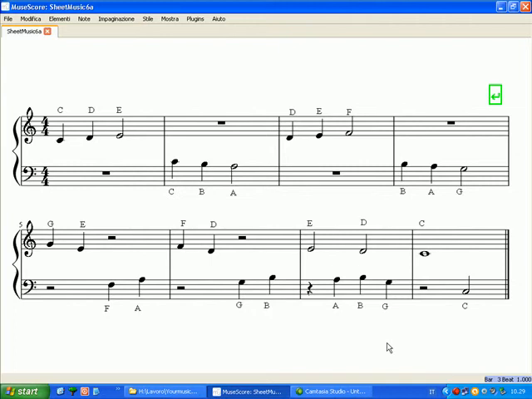Even if in this lesson we wrote down the names of the notes above each note, I did it to simplify, because I think that in the first piece it is quite important not to have so many troubles, so many problems to resolve.